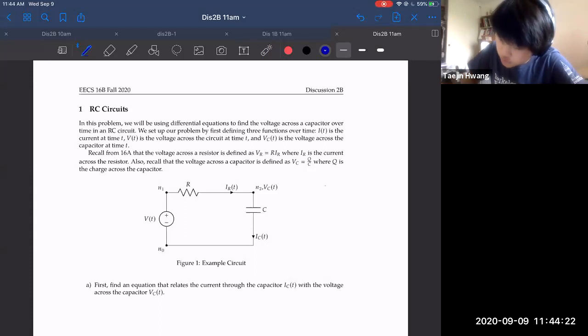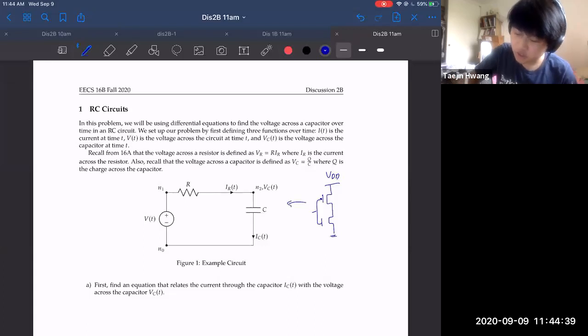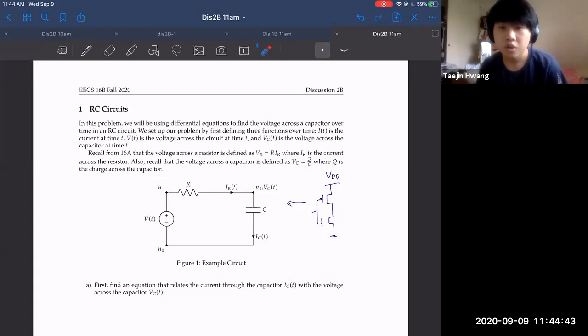I know lecture was trying to get you to look at a transistor inverter and write differential equations for these. But you can in fact show that all of these inverters can be reduced into an RC circuit with a single resistor and a single capacitor. So today we're mainly going to be looking at how to solve these circuits with a single resistor and a single capacitor.